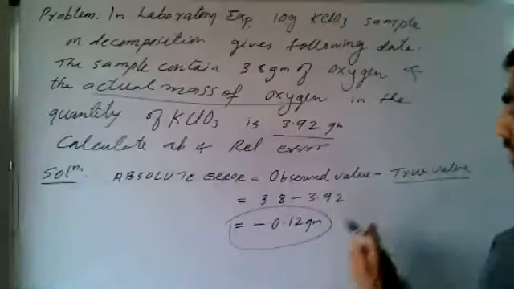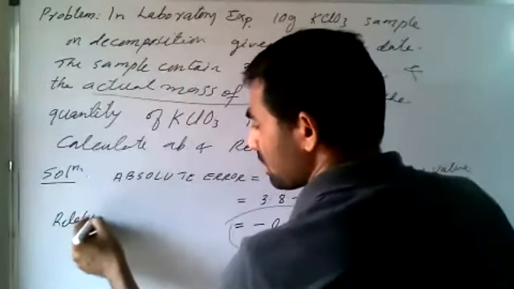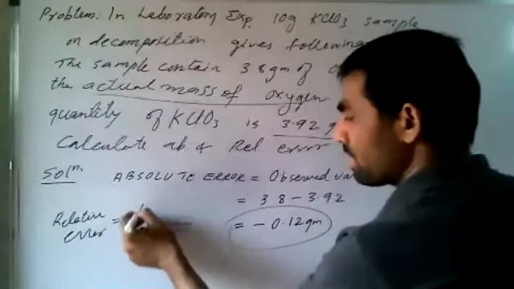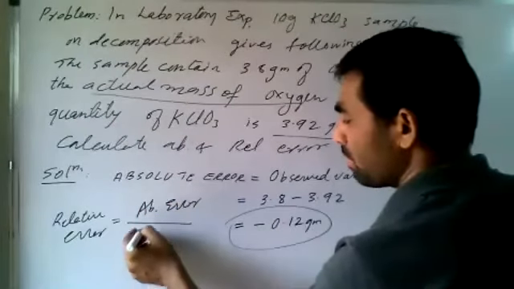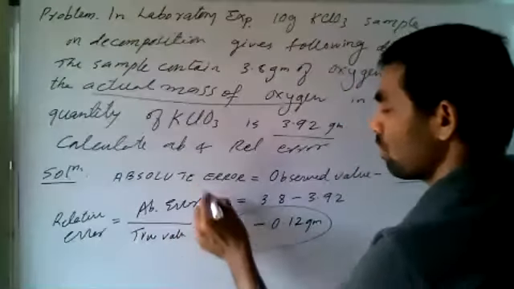Let us go for the relative error. So we can write relative error is equal to absolute error divided by true value into 100.